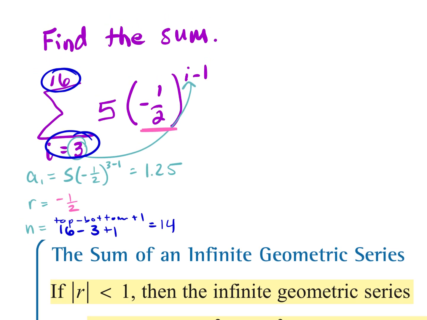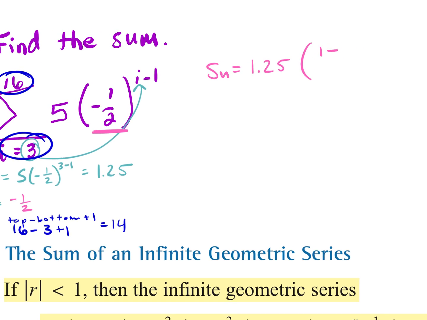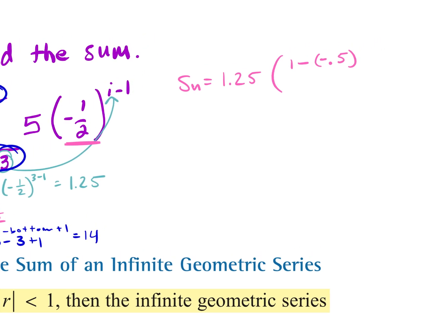Let's plug it into our sum formula now. So we take our first term, 1.25, times 1 minus R, so 1 minus negative, I'm going to call it 0.5 just to make our lives a little bit easier. It'll be easier when we put it in the calculator. To the 14th power.